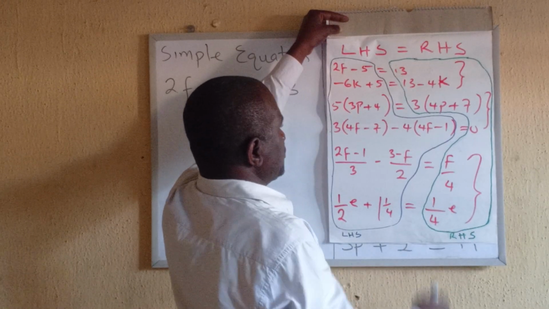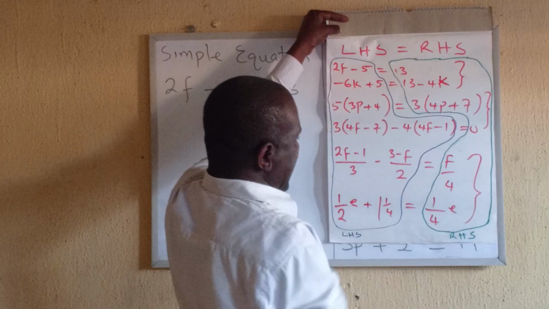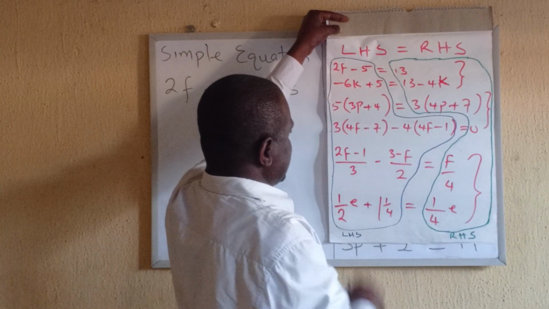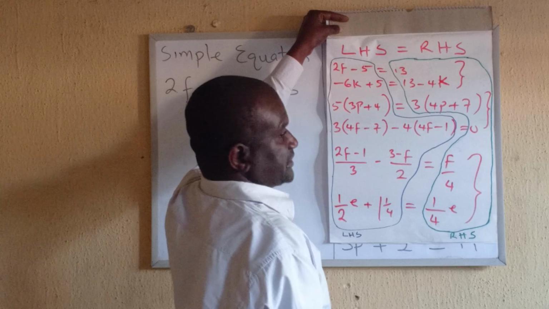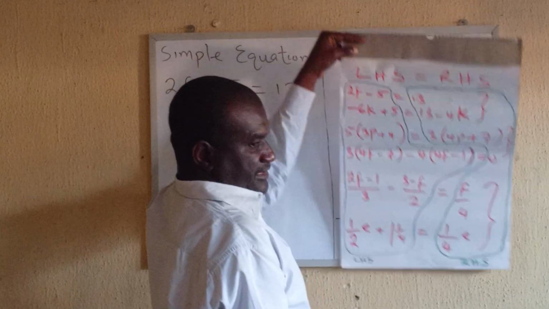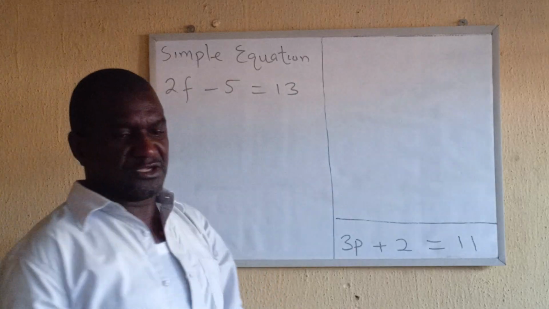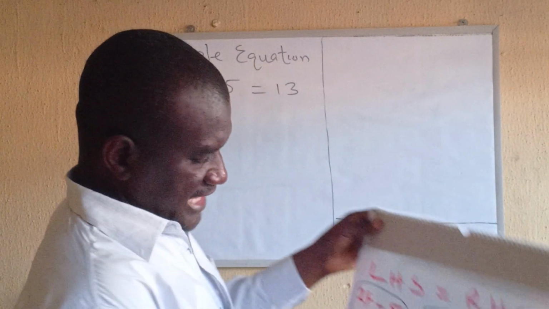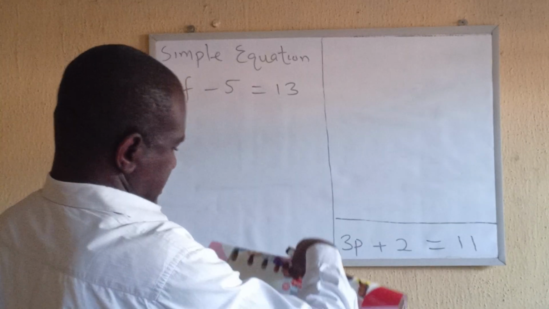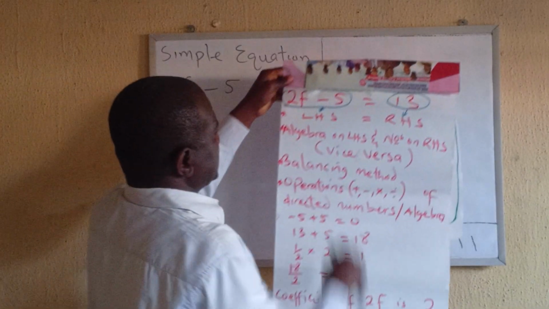And each equation also comes with alphabets. The alphabets are the unknown, which you are to find. Alphabet here means A, B, C to Z. Now today we want to solve a simple equation.